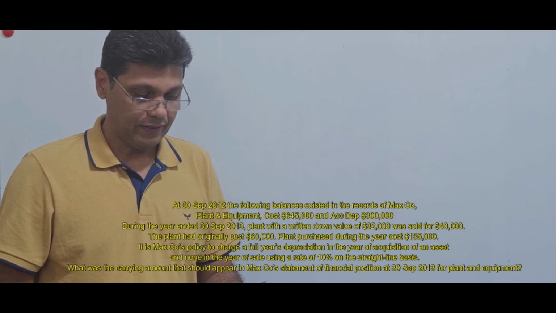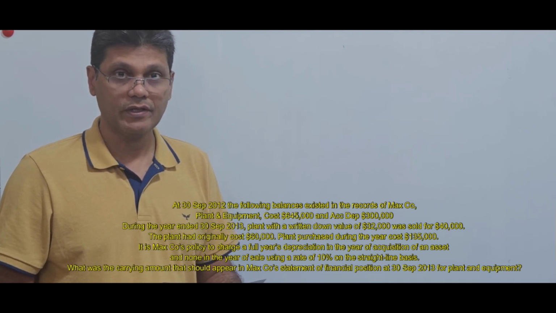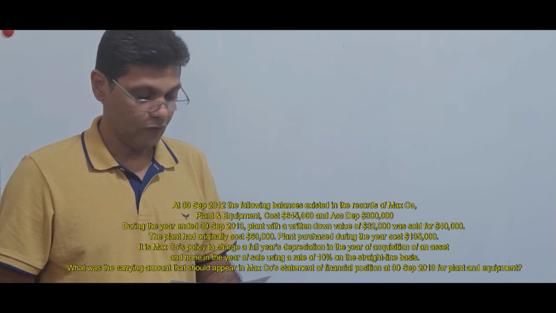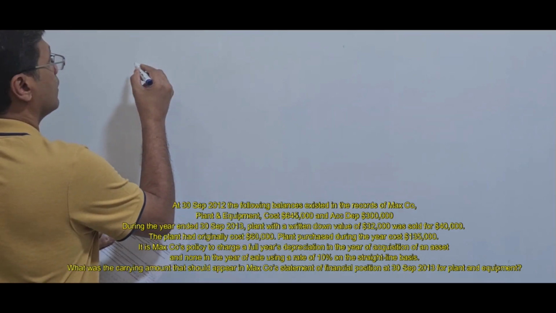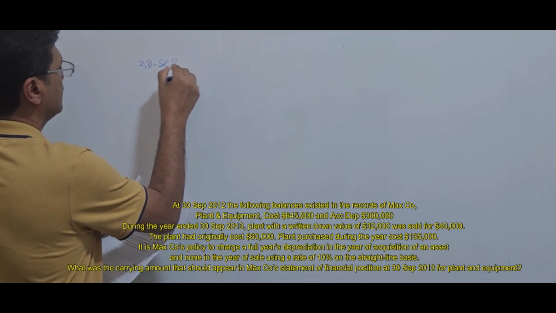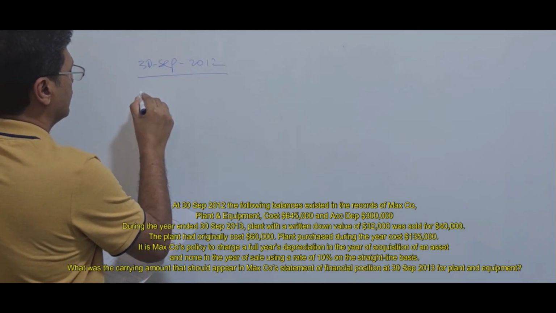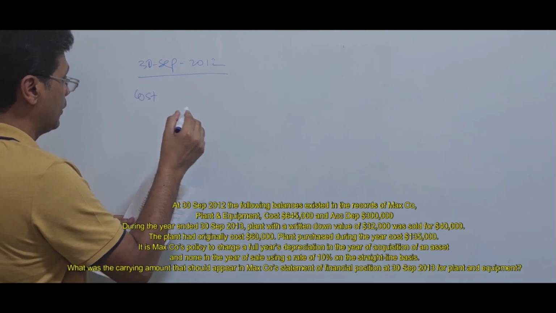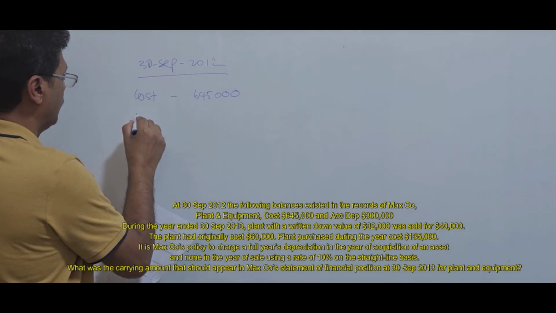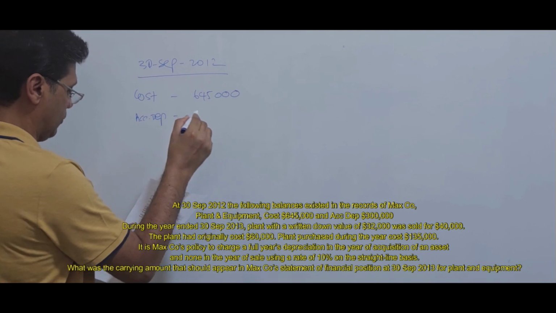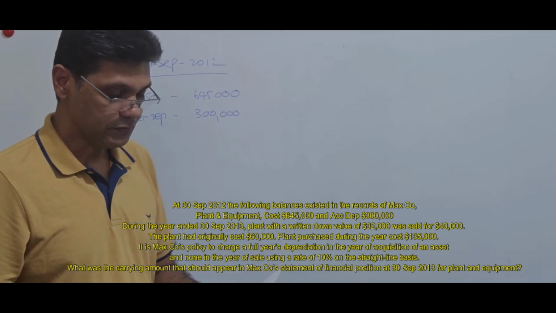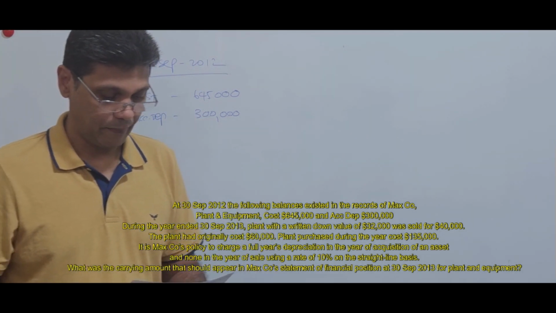You are given the plant and equipment cost of $645,000 and accumulated depreciation of $300,000. So these are the opening balances.